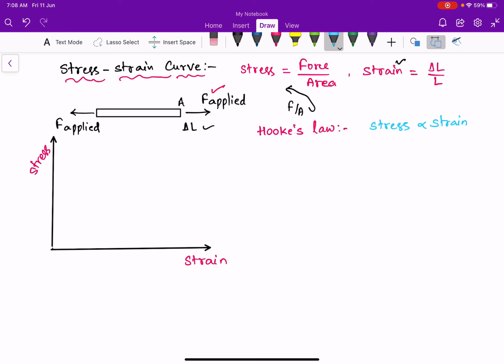We have taken stress equal to some constant k into strain. Stress on the y-axis equals some constant into strain on the x-axis. It is nothing but a straight line equation, that is, a linear equation. So up to a certain point, stress and strain are linear.